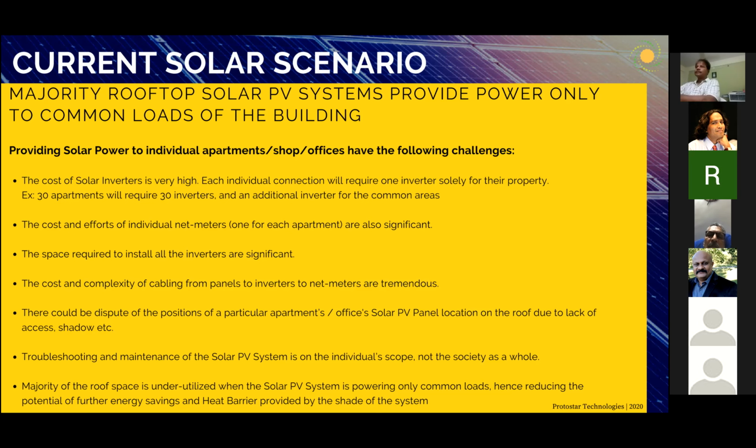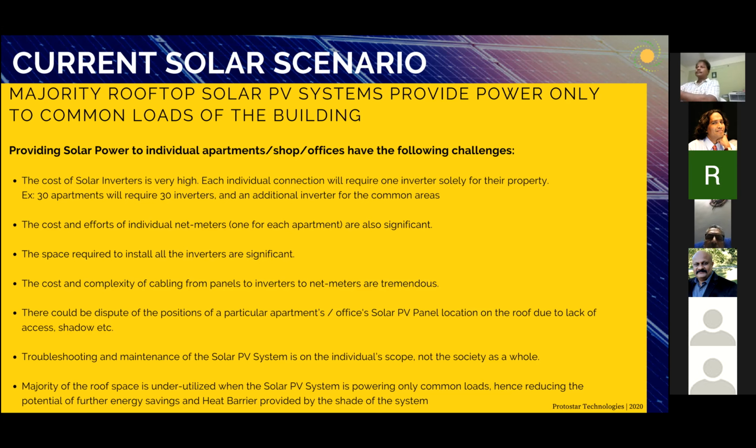That's the scale of price to kilowatt rating of the inverter. The price drops dramatically. So having small 1 kilowatt inverters for 25 people does not make financial sense. What we have done essentially is make one big inverter for one big system.